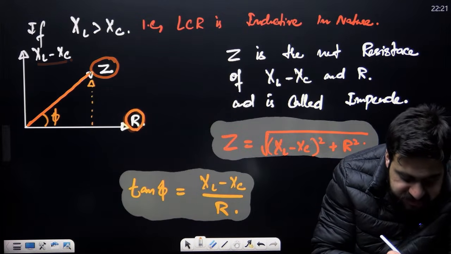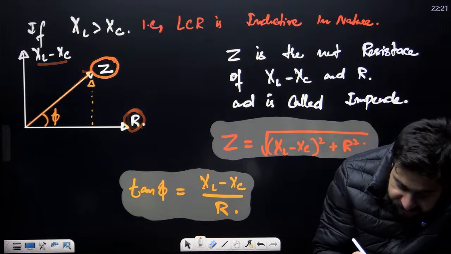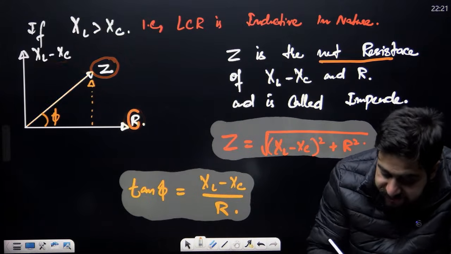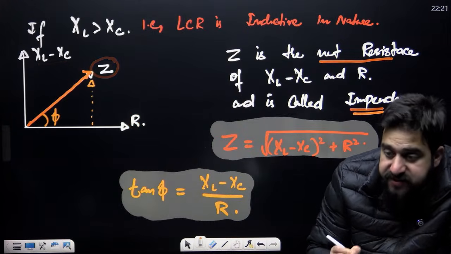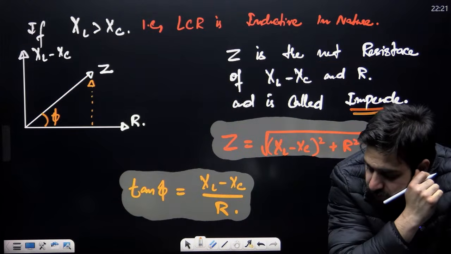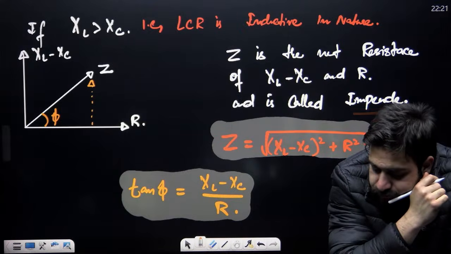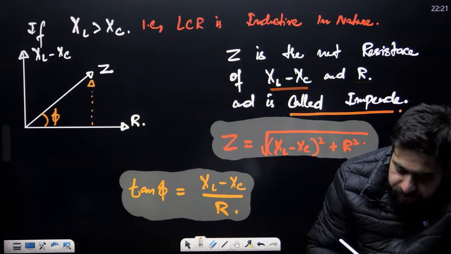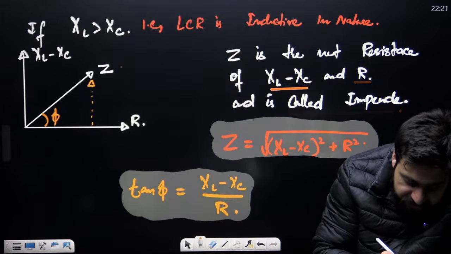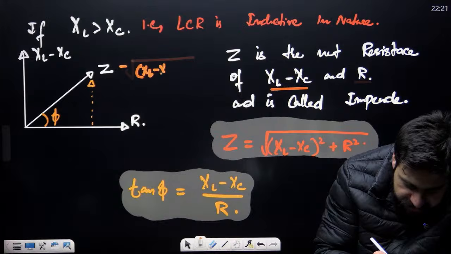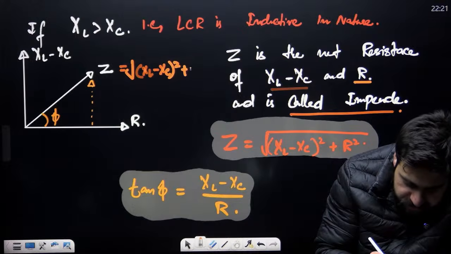This will be the net resistance. This Z is called the net resistance of LCR, and this Z is actually called impedance. Z is the net of XL minus XC and R. If somebody asks what will be the value of Z, it will be the square root of XL minus XC whole squared plus R squared.